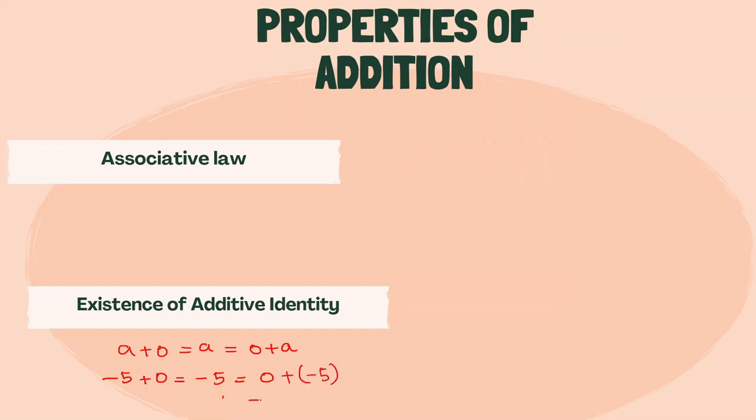So plus minus will be minus. So 0 minus 5, the answer will be minus 5. So for both the cases, the answer will be minus 5 only. So 0 is known as the additive identity.